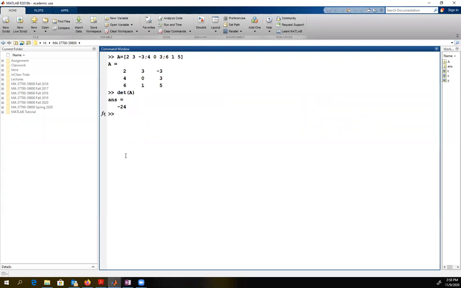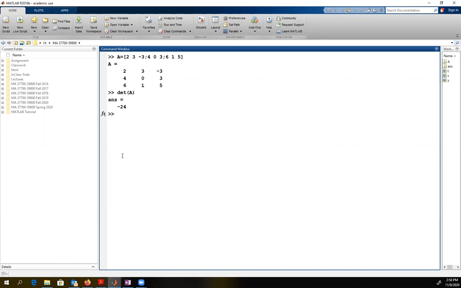You can compute the determinant in MATLAB. You also know that if the determinant is non-zero, then the matrix is invertible. If you remember from chapter 2, I don't teach this class, but I looked up the textbook. So you know that the matrix is invertible, or non-singular, if and only if the determinant is non-zero.